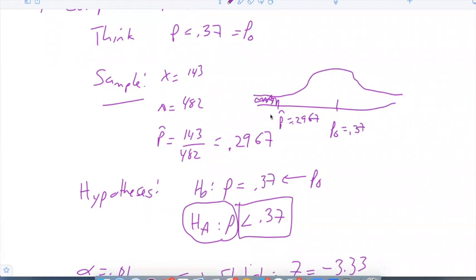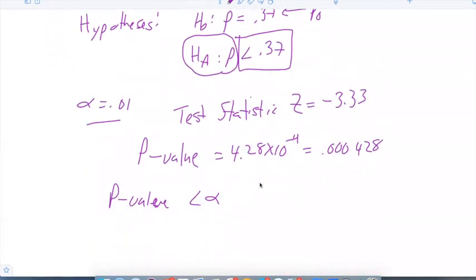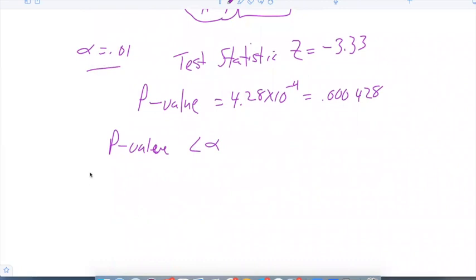And I shade below. We're always going to shade a tail here. Sometimes both tails. Okay, so my p-value is very low. That means we reject the null and accept the alternative.